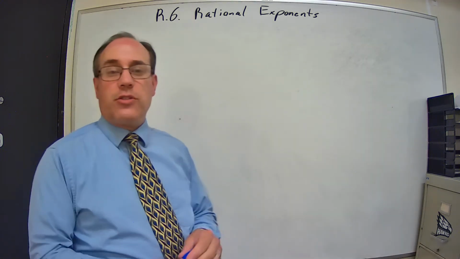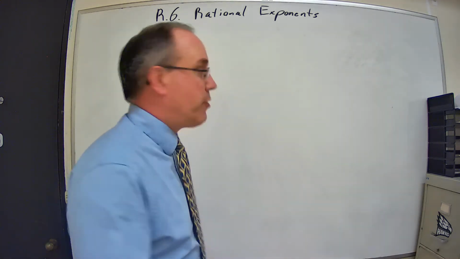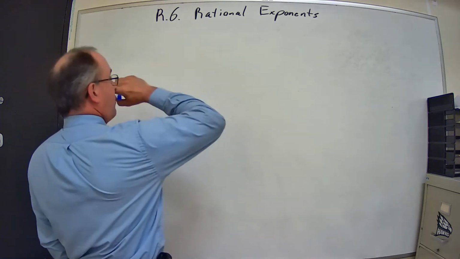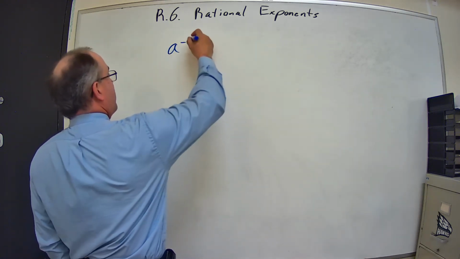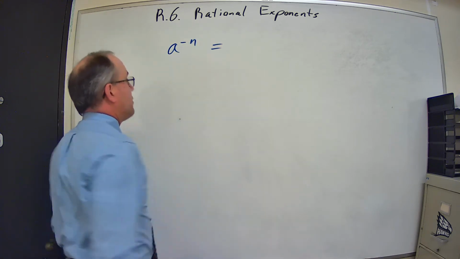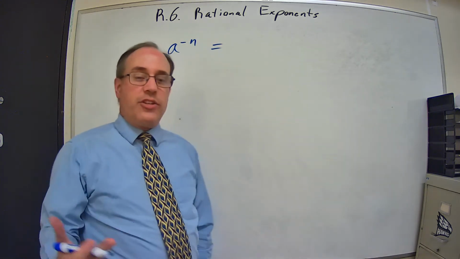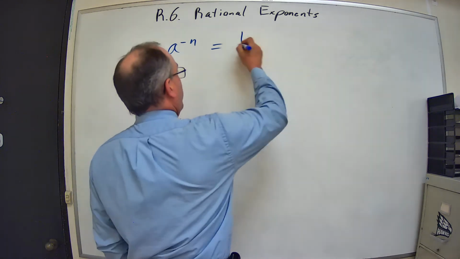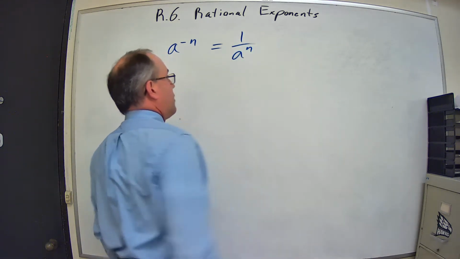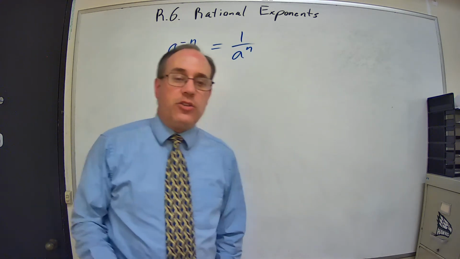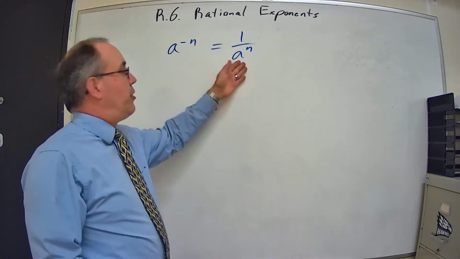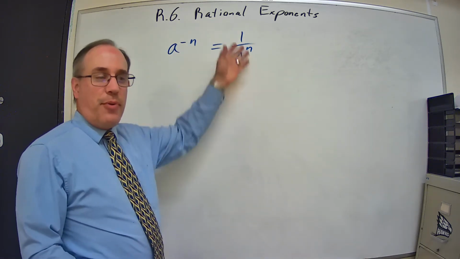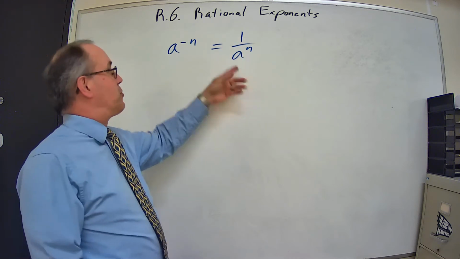So first of all, let's look at negative exponents. If you have a to the negative n, remember that just means 1 over a to the n. That's all a negative exponent is telling you. It's saying put it in the opposite part of the fraction or rational expression.